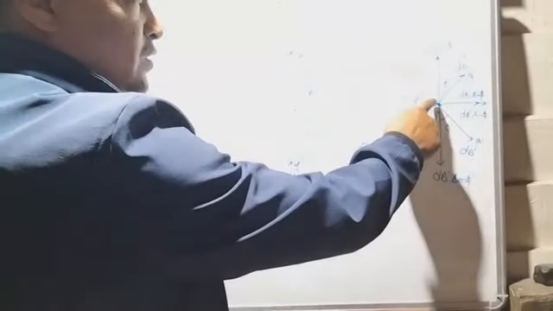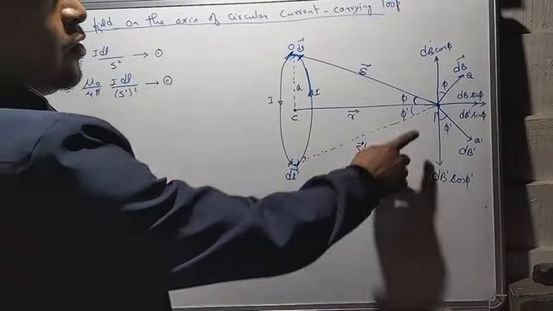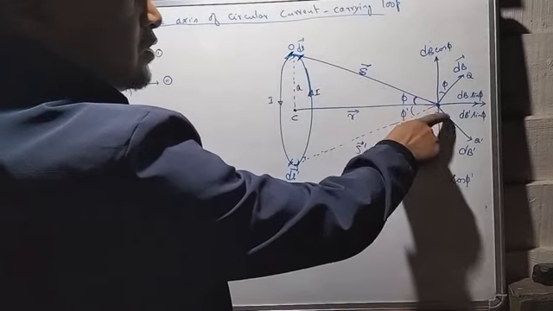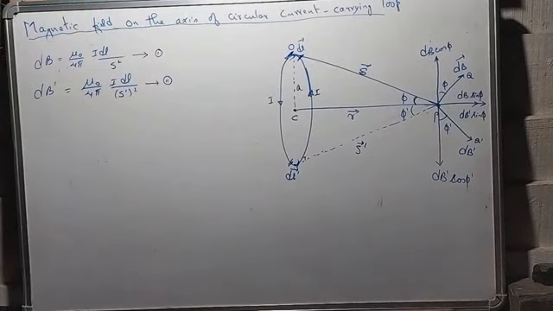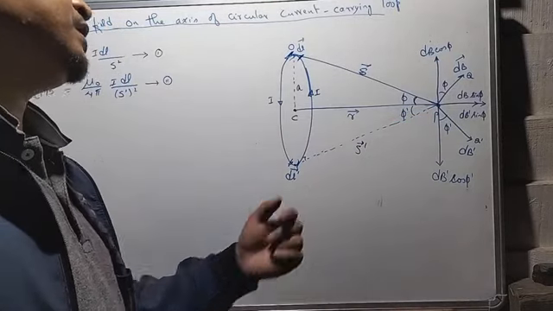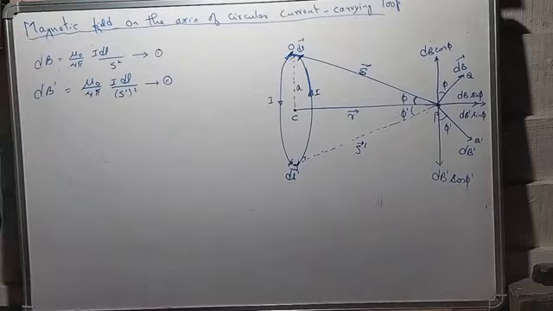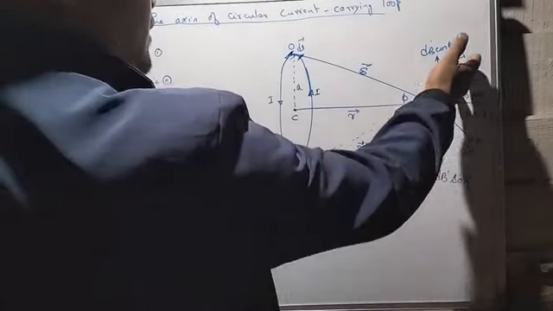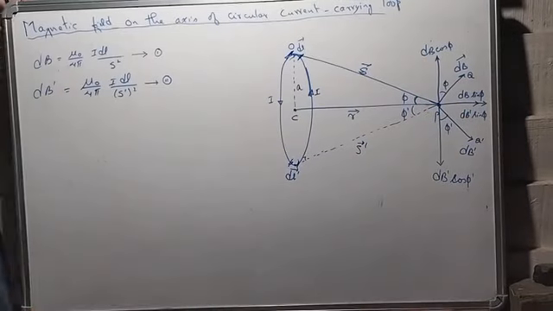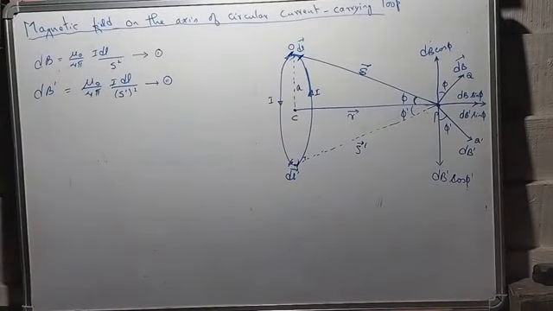Similarly, the direction of dB dash is along PQ dash, which is also perpendicular to the plane containing s dash and dl dash. Now these two vectors dB and dB dash can be resolved into two vector components. One is the horizontal component and the other is the vertical component.